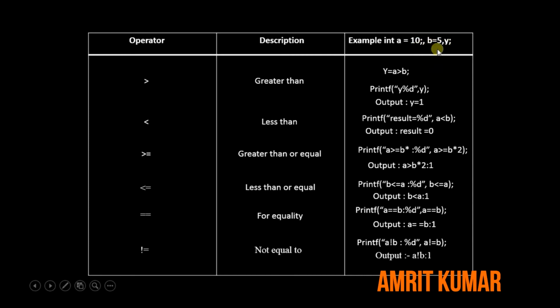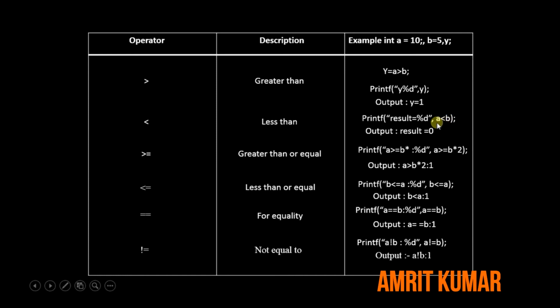And actually B is smaller than A. Therefore, this statement, 10 is less than B, is a wrong statement. Why is it wrong?